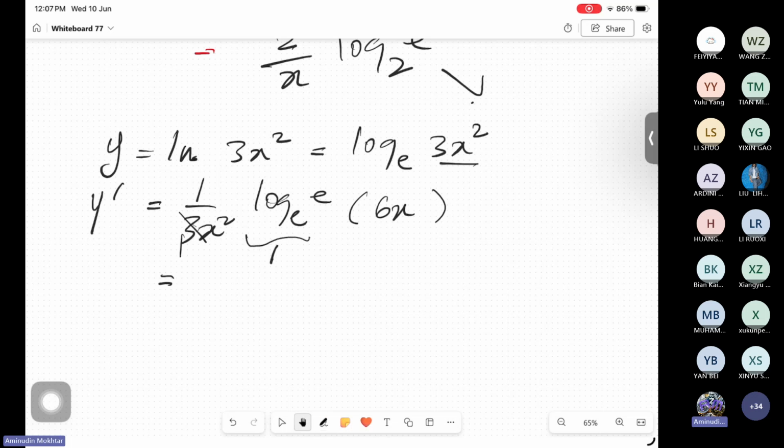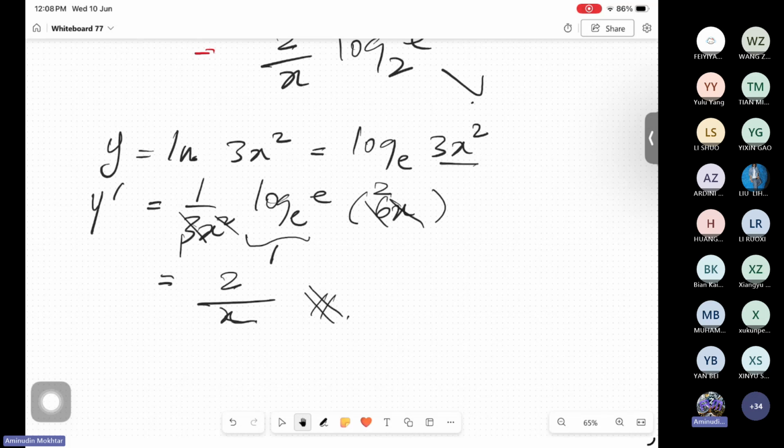This 3 times 1, 3 times 2, we can cancel the power of x, and the answer is 2 divided by x. That is the answer. Okay, that's the rule of log.